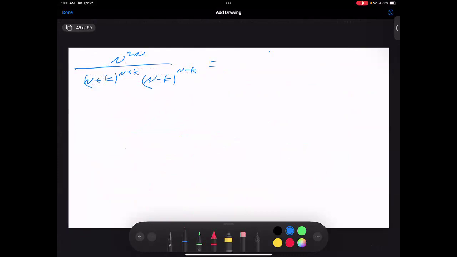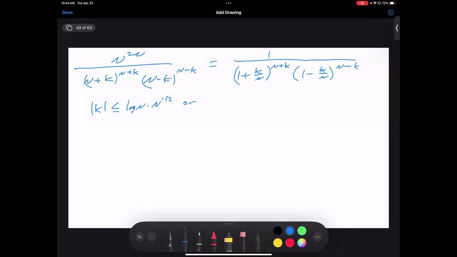So this is the same as 1 over 1 plus k over n to the n plus k, 1 minus k over n to the n minus k. I'm just taking the powers of n and moving them into the denominator. So, k is less than or equal to, either log n times n to the 1/2 or n to the 1/2 plus epsilon with high probability.